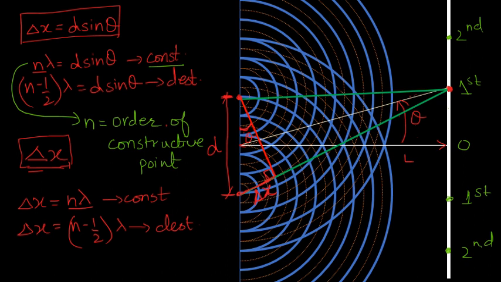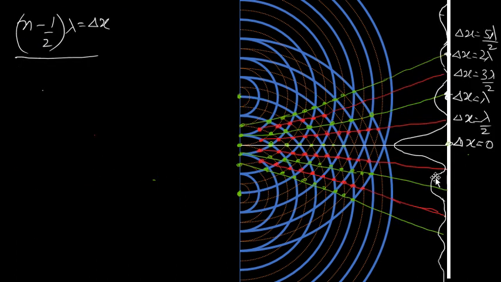So in the next video I will talk about one thing. Remember in the previous slide we talked about the intensity in the middle being highest, then getting lower and lower. But can I find the distance between two consecutive bright spots exactly? No, because there is no separation.